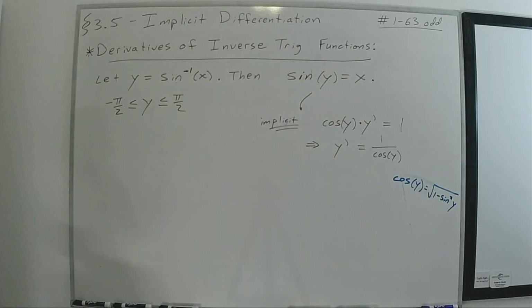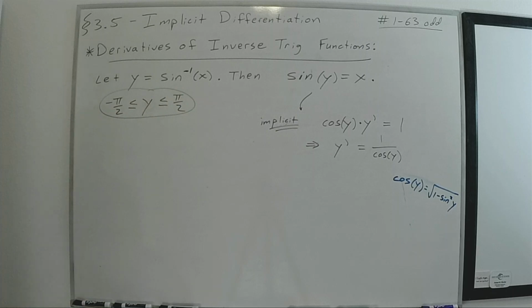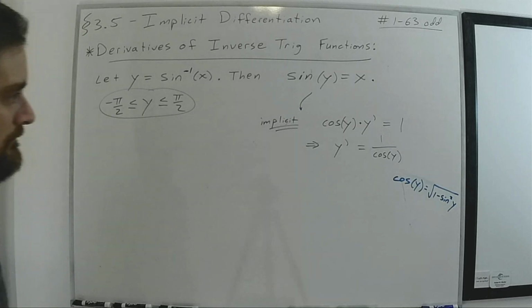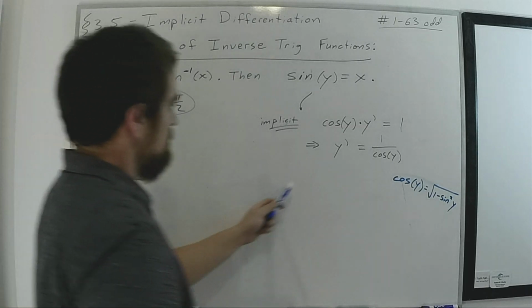Why is that? Well, this is an important situation here. Because y is between negative pi over 2 and pi over 2, then I know that cosine of y is going to have to be this positive value.